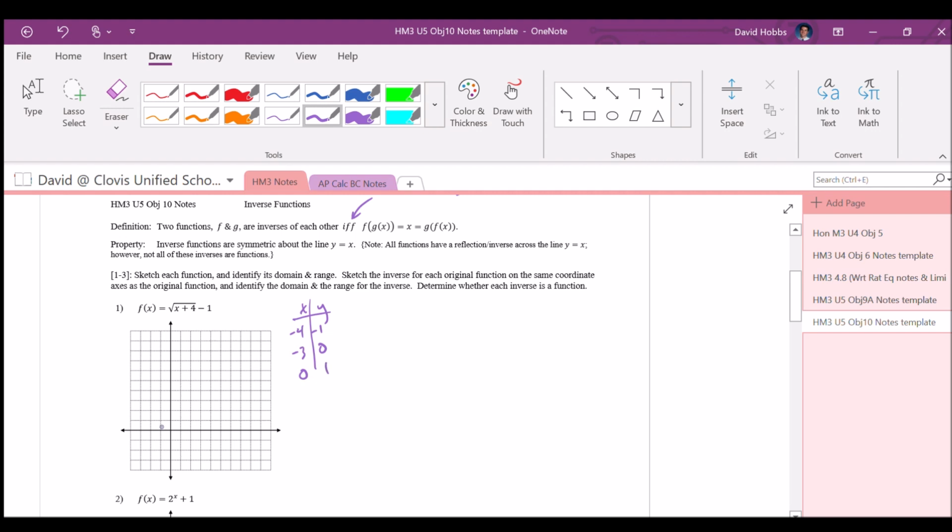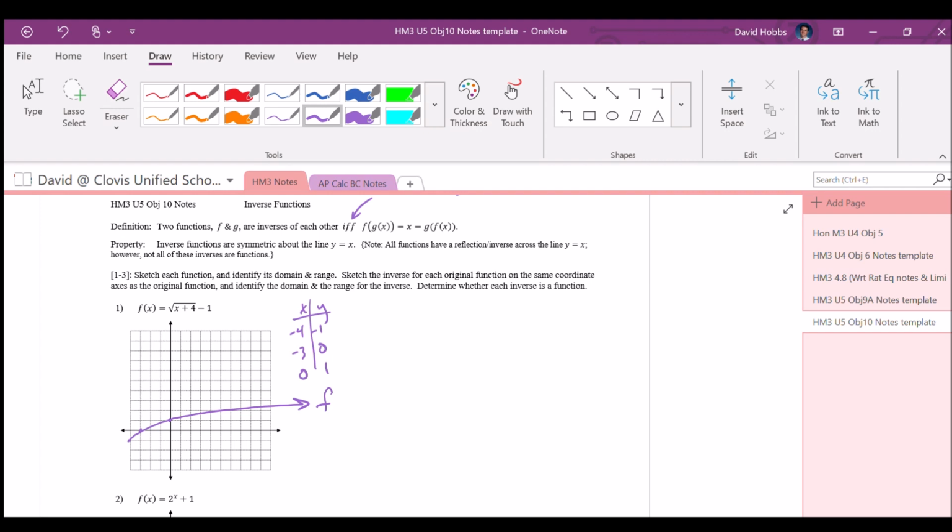Okay, so -4, -1, and -3, 0, and 0, 1, and that's matching up to a half parabola that's opening up and to the right. Okay, and label it. Particularly, remember, anytime you sketch more than one graph on the same coordinate axes, make sure you label what's going on.